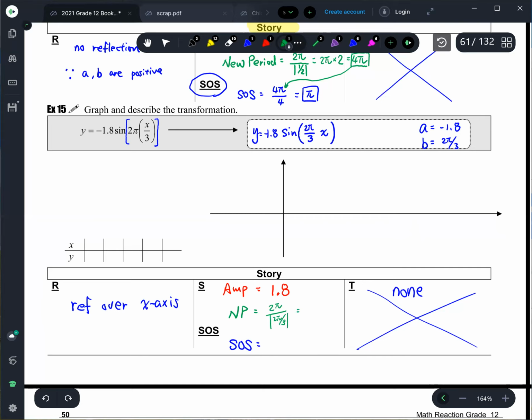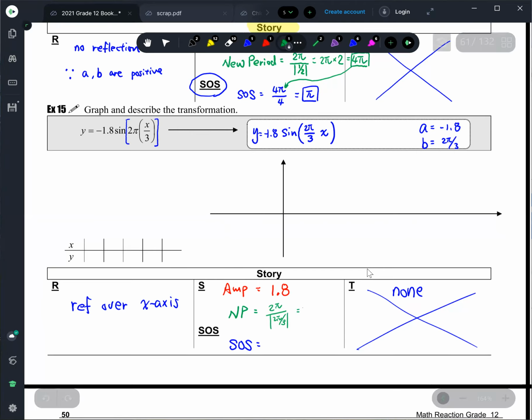And can you simplify it as well? 2 pi divided by 2 pi over 3. Just 6 pi over 2 pi. Then simplify even more, reduce it. It's just 3. No pi. Pi cancels out.